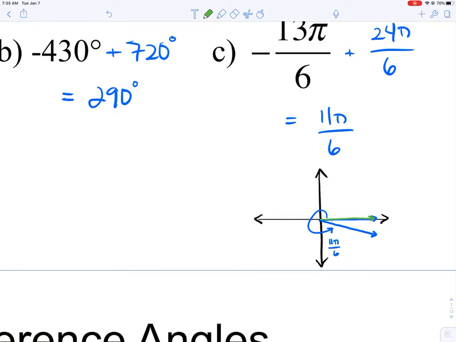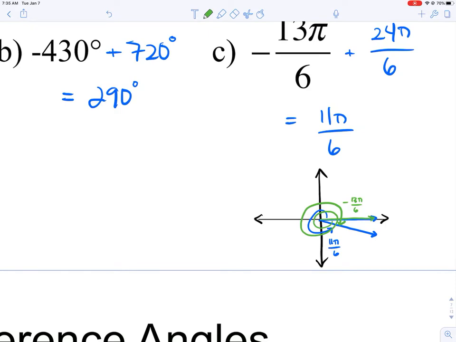Would go around 1 rotation, and then it goes around another rotation in the clockwise direction to terminate there. So that would be negative 13 pi over 6. Oh no, that was silly.